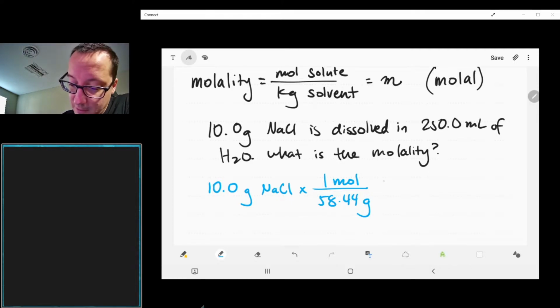Doing this, we get 10 divided by 58.44, 0.171. And let's just keep an extra sig fig there, just remembering that we only have 3.